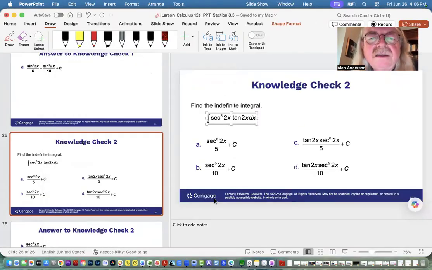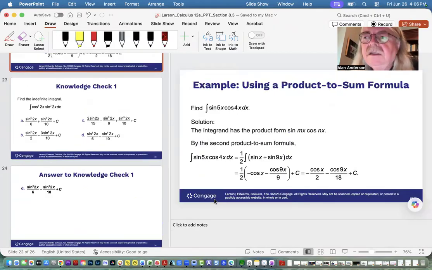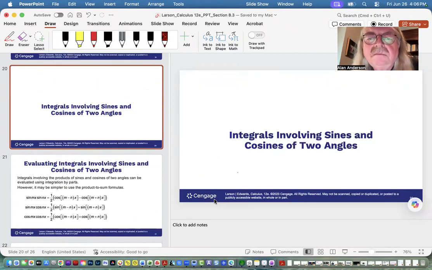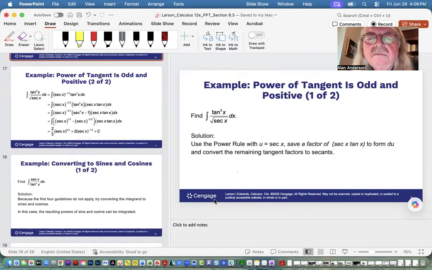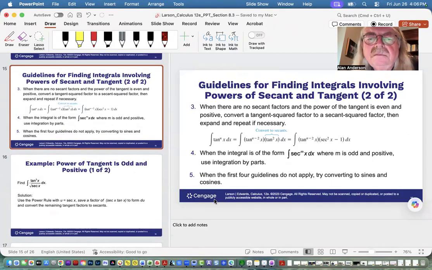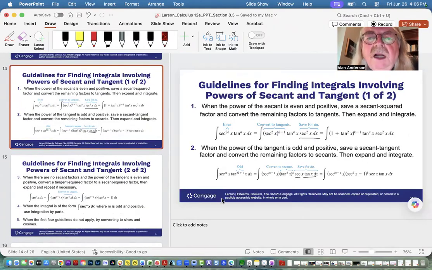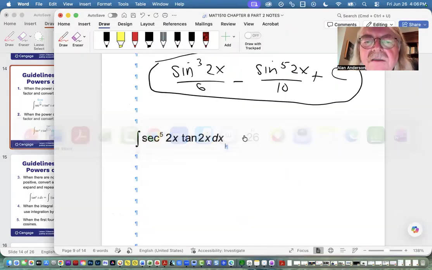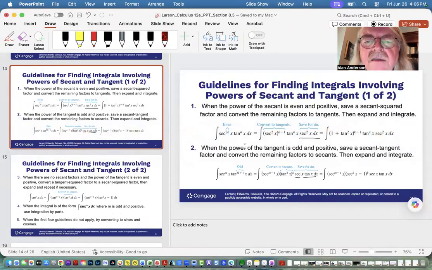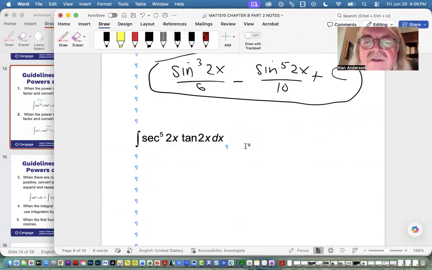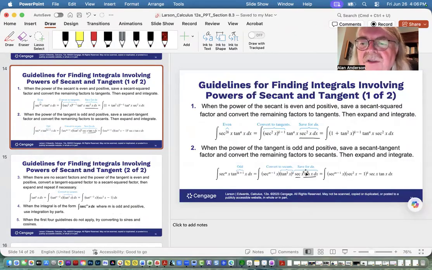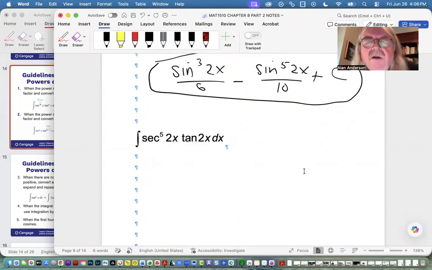We've got an odd secant and an odd tangent. I mean, one counts as an odd number. So I guess we're going to use this one. Either that, or maybe it's just straight ahead u substitution.